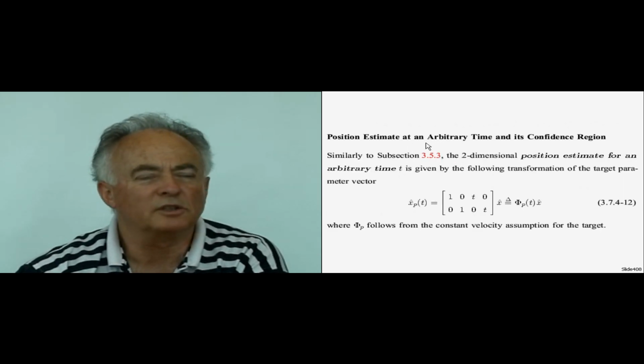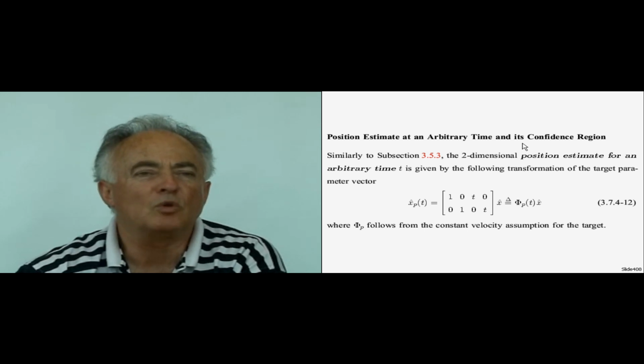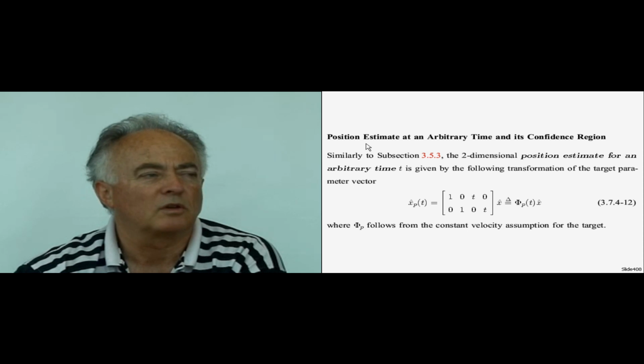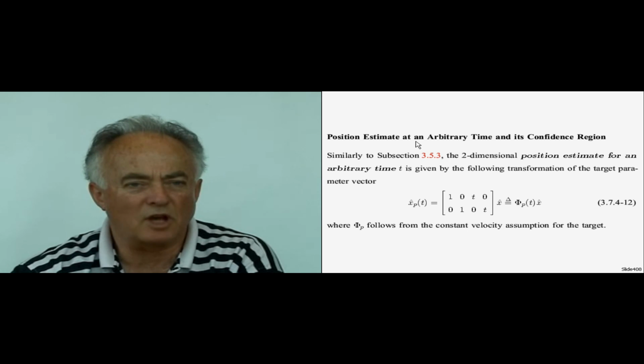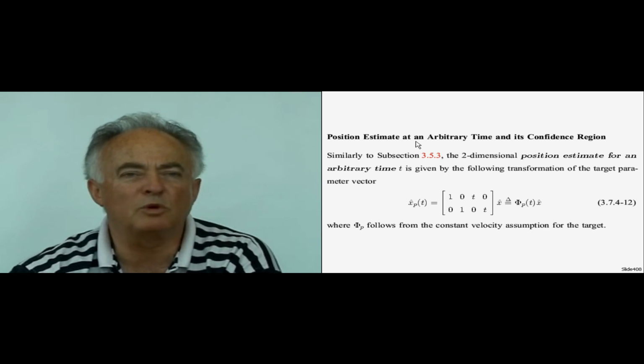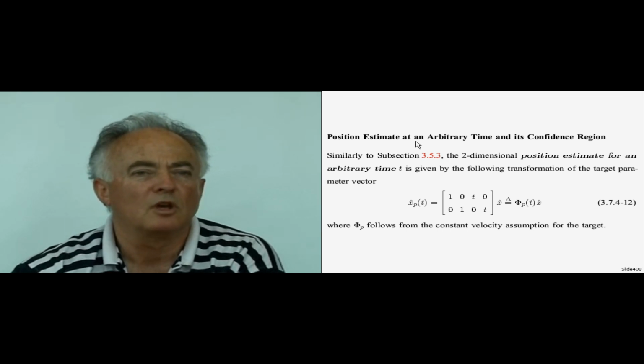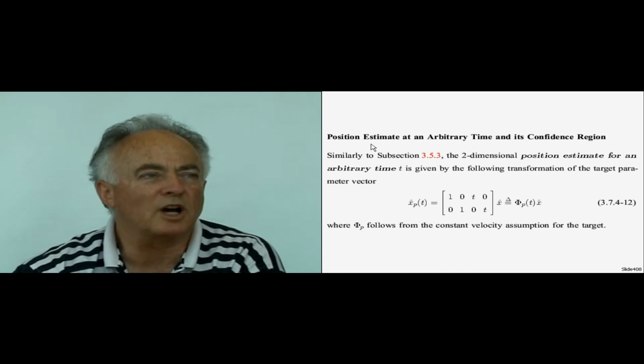Okay, now the other thing that is of interest, if you get a position estimate and a velocity estimate at the reference time, that's the output of the problem. What you would like is to map it into a position estimate at an arbitrary time.